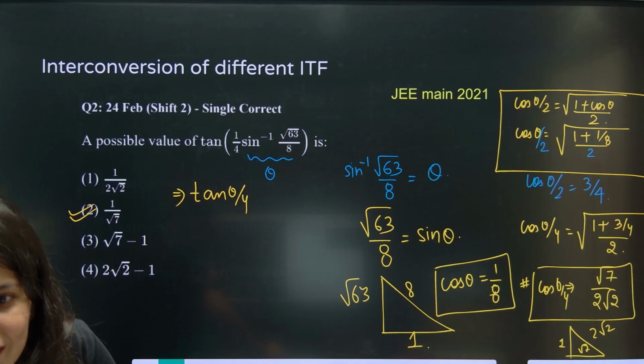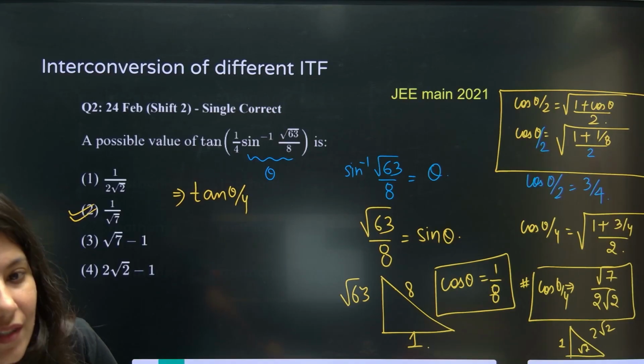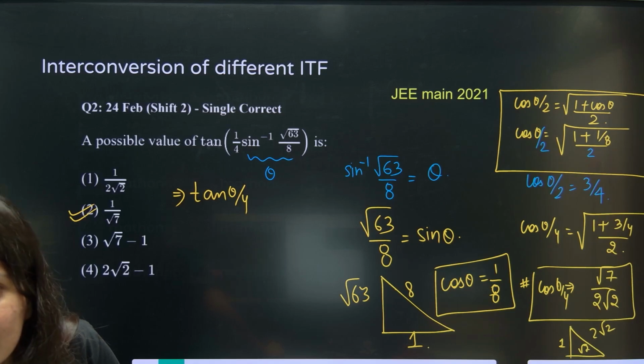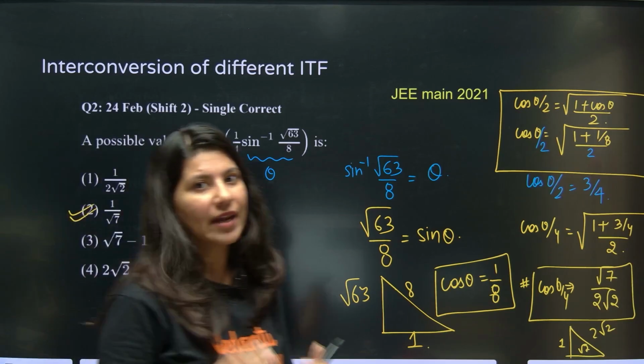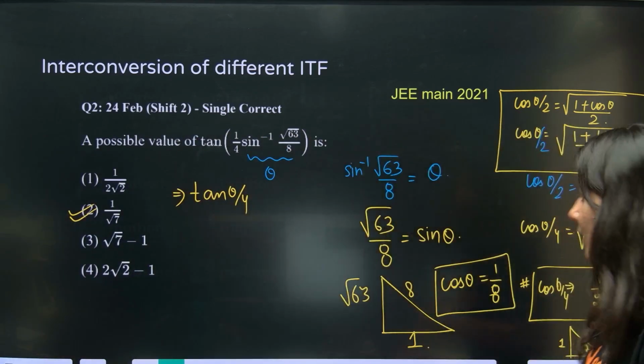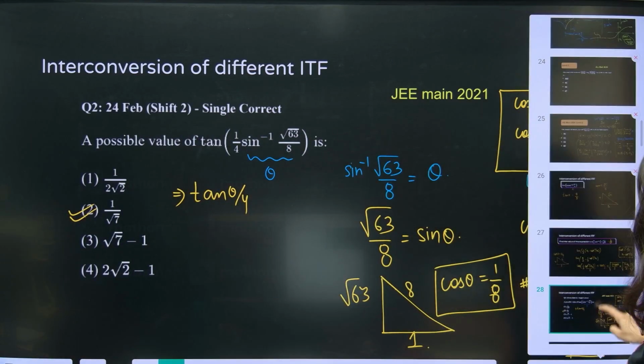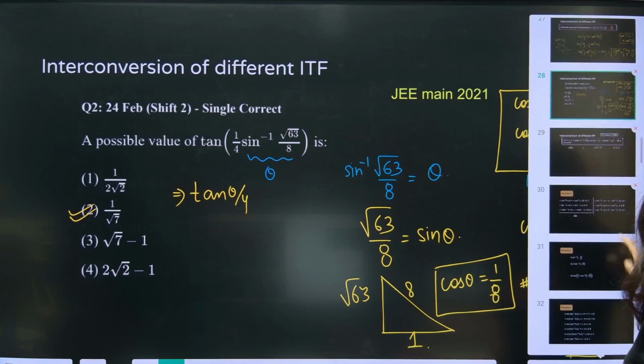So after studying 7 properties, we will do 2 important category questions. 7 properties plus 1 summation series I am talking about. So 1 summation series will finish and after that your ITF will get over. So we'll start with properties one by one now.